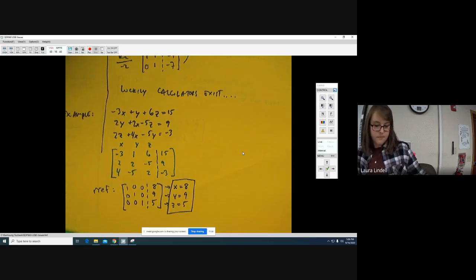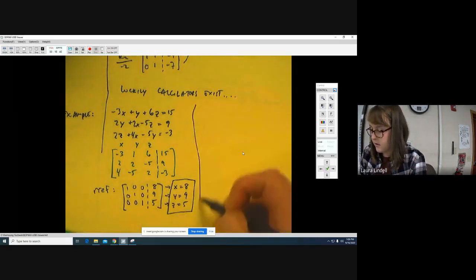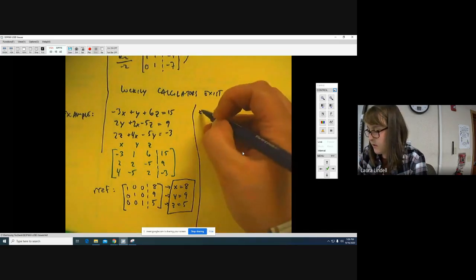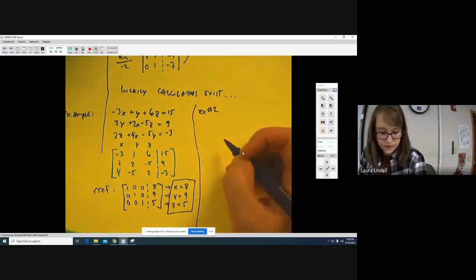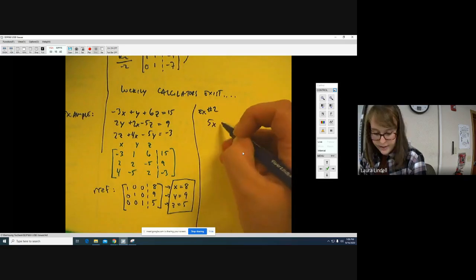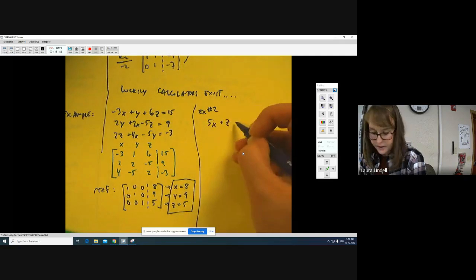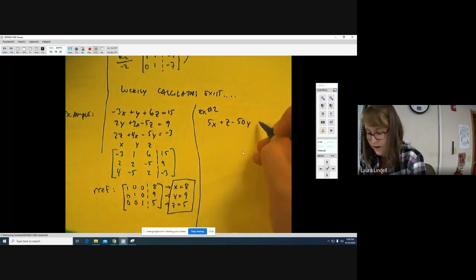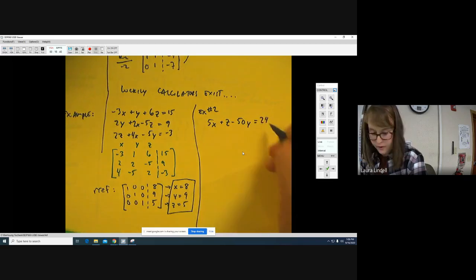Let's try another one. I'm going to have you guys do this one. So I'm going to give us a system here. We'll do 5x plus z minus 50y equals 24.